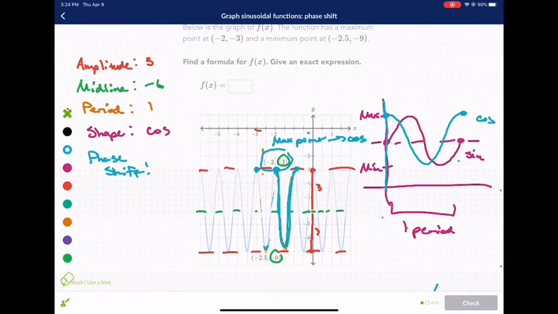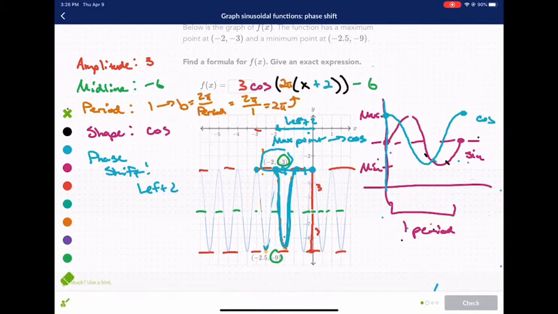I would have gotten a slightly different answer for my function, but it would have been correct. But I'm going to use this one because it includes this point here. And it got shifted over, it looks like 2 units to the left, from the y-axis. And so that's my phase shift. I shifted that cosine function left 2 units. So put all that together.